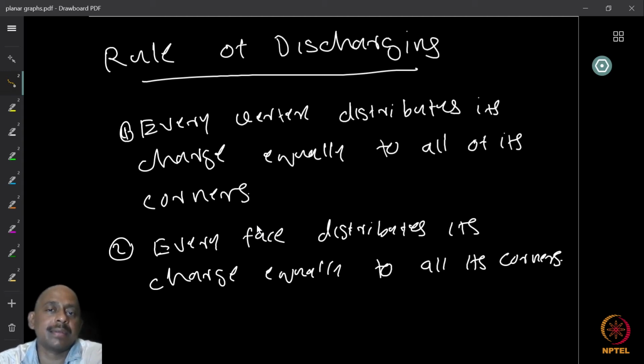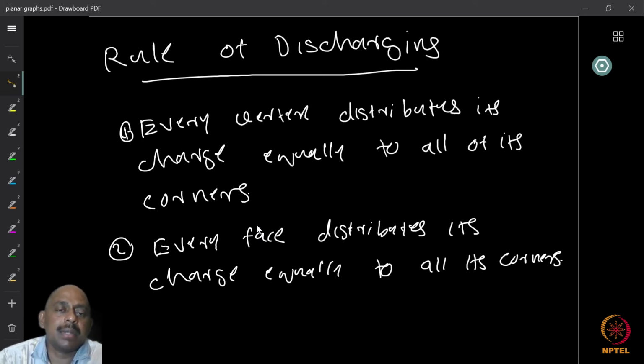This is the reason it is called the discharging method, because after the charging phase, we do a discharging phase. In the earlier, very simple example, we didn't do it, but in general, we do discharging. So what is the discharging rule? Discharging is basically moving around the charges without losing anything. We just transfer the charges from one place to another.